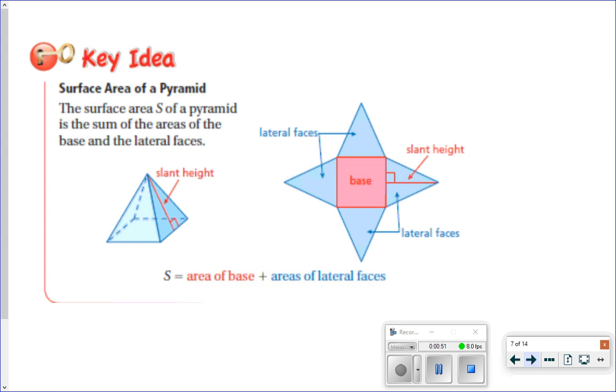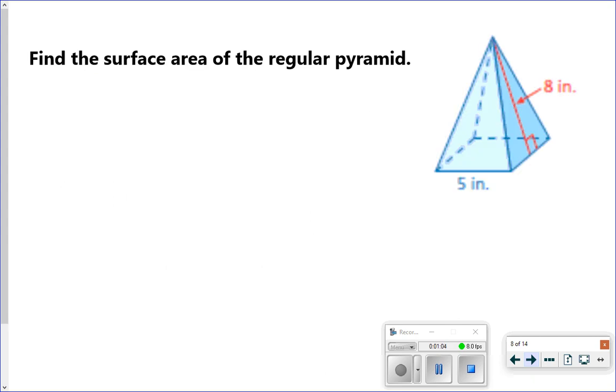Those triangles are called lateral faces because they're the side, not the base. And the distance from the base up to the tip, that's the slant height. That's the number we need to use for the area of our triangles. So for this first one, surface area of a regular pyramid, a regular pyramid means that all the sides of the base are the same.